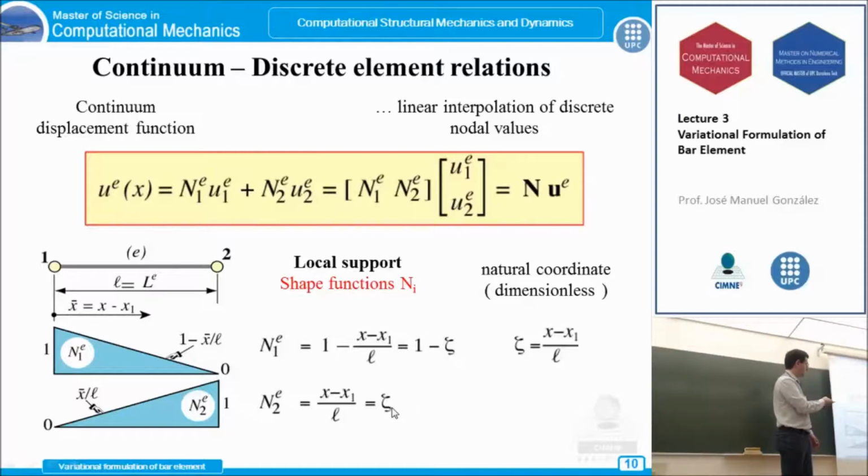These are the 2 shape functions, which allow us to express the displacement function all over the element, for any point along this length L in the bar element. So we have a discretization of the displacement function expressed in matrix form, using the shape functions N1 and N2 and the values of the displacement function in node 1 and node 2. This is our discrete formulation of the displacement function.